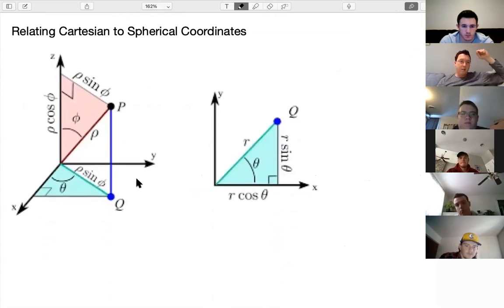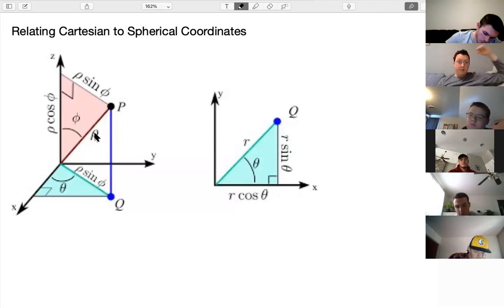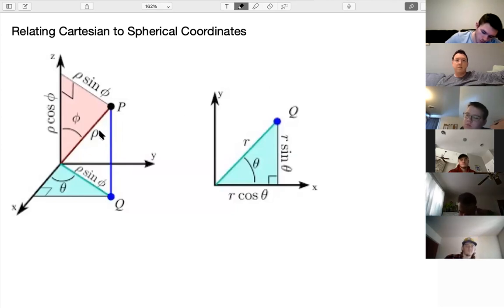Now, I apologize. This picture is the best I could find online. And so they're using rho, and I don't want that. So I'm going to have to edit it here as we go through this. I'm just going to cross it out.